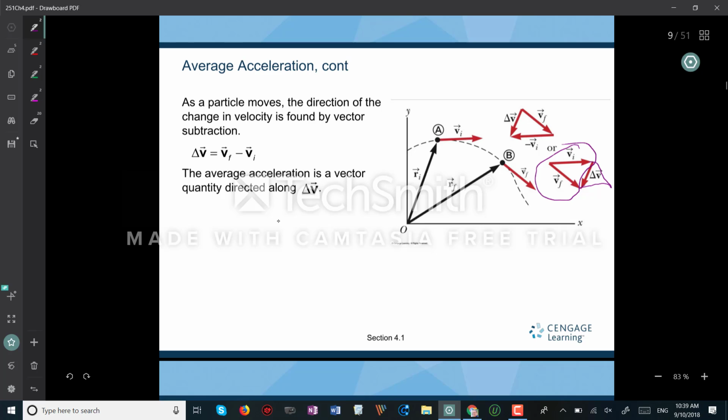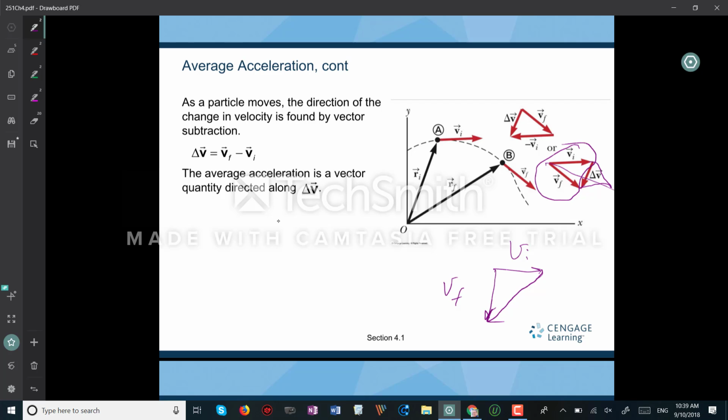So the sum would be over here, but notice what the difference is. The change in V is the vector you need to add to your initial velocity. Therefore, its tail is put at the tip of V initial, and it winds up at the tip of V final.